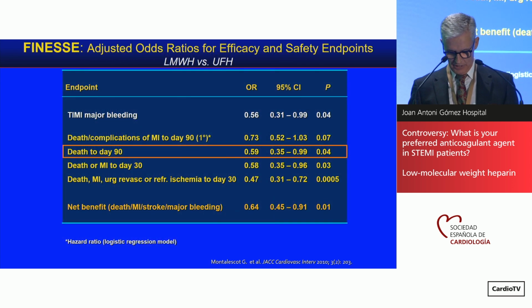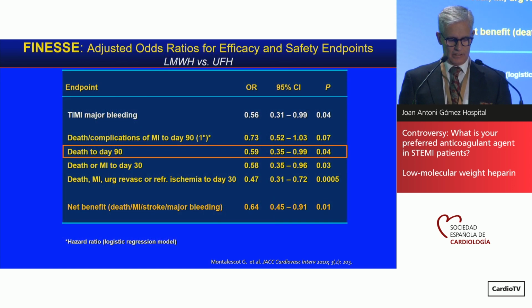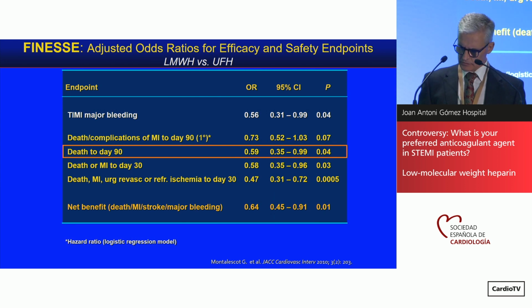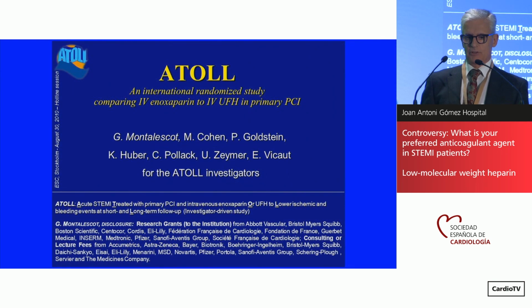And we made a study, and there's a clear benefit with an odds ratio close to 0.6, with less bleeding with enoxaparin, less death at 90 days, and less death or ischemic events at 90 days. So with these results, they moved to the ATOLL trial.